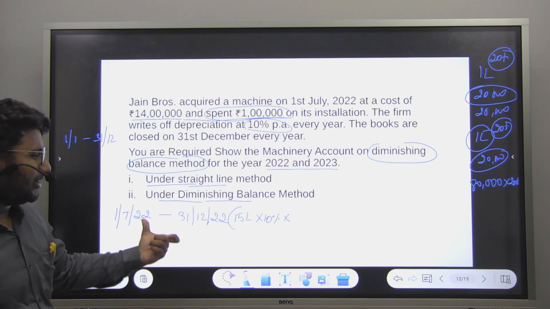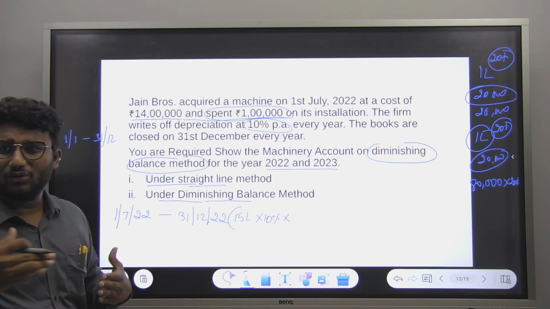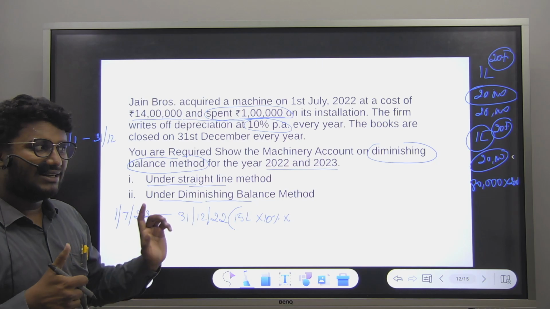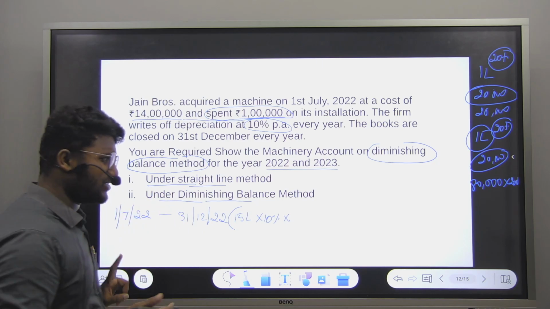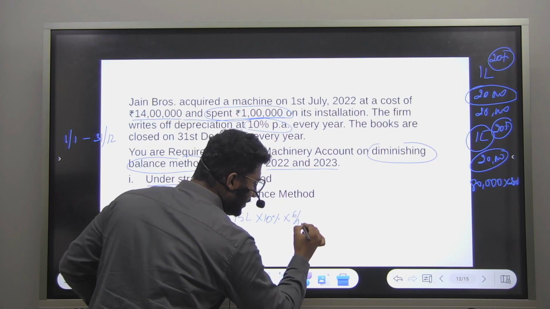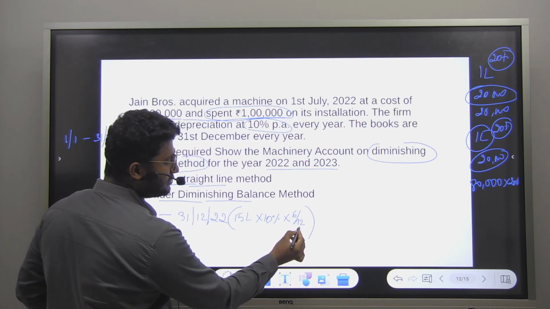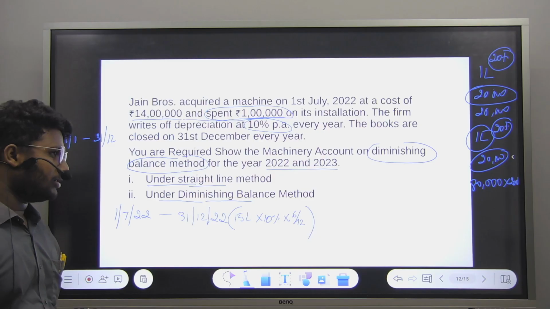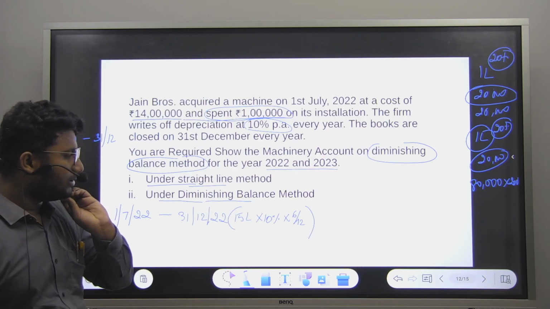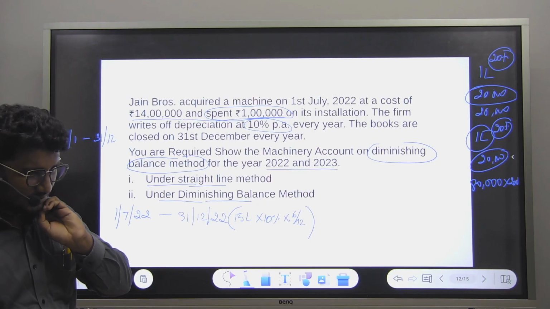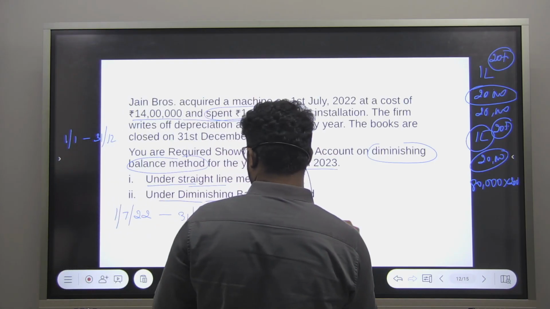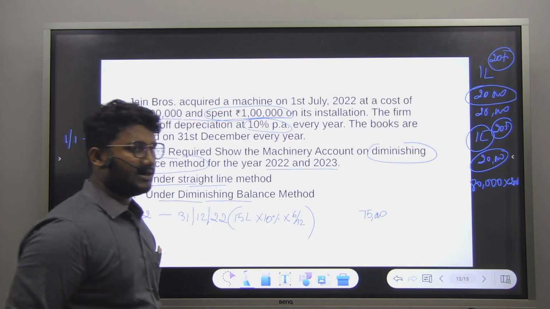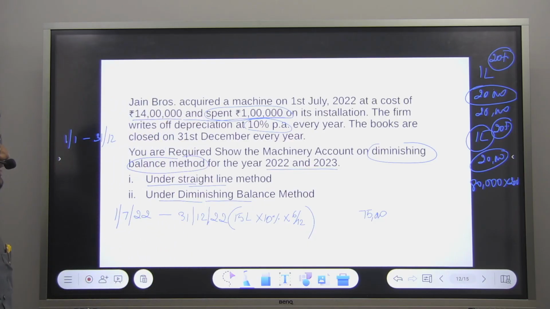So here we have not used this machinery for the entire year. We have used it only for 6 months. So then we need to calculate depreciation only for 6 months in the first year. 6 divided by 12. So total 12 months. Out of this 12 months, we have used only for 6 months. So what is the amount? 75,000 rupees. In the first year, depreciation is 75,000 rupees.